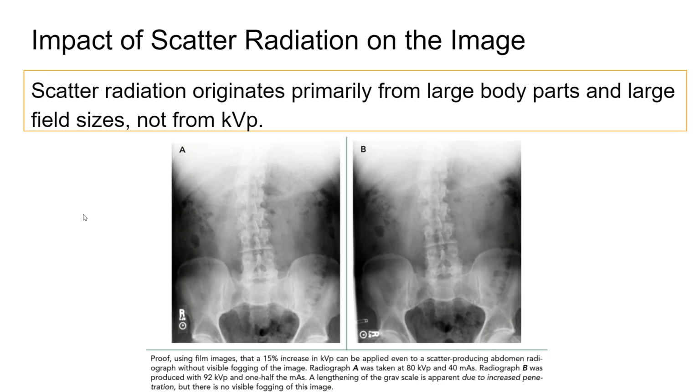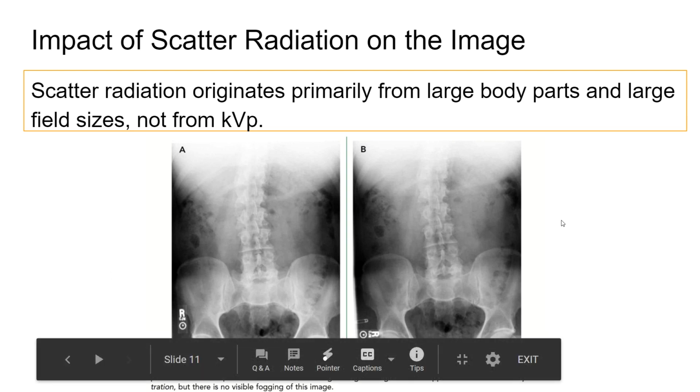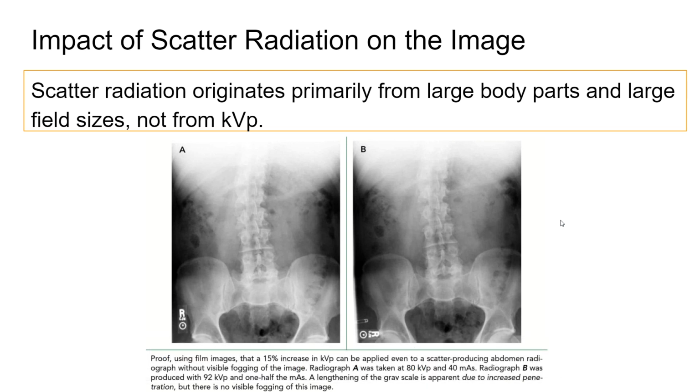And here's another example where they used the 15% rule. They increased kV from 80 to 92, and they cut the mAs in half, went from 40 to half of that, so obviously 20. And they both look pretty good.